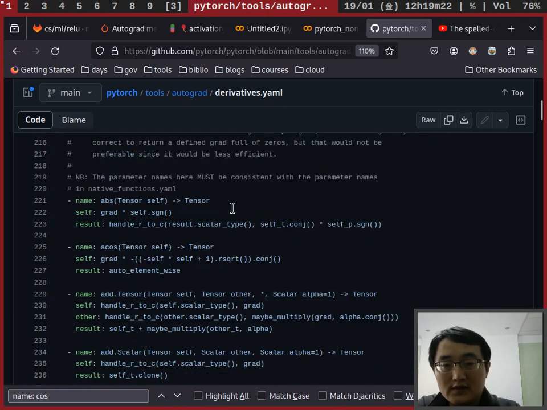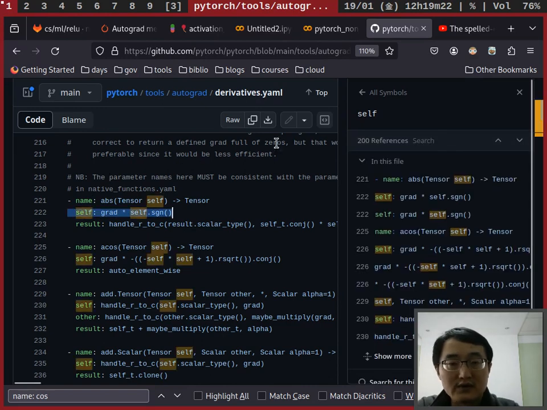As you can see, this file defines a lot of functions and how to calculate their gradients. The function name is described in the name, and the gradient is described in this self thing.